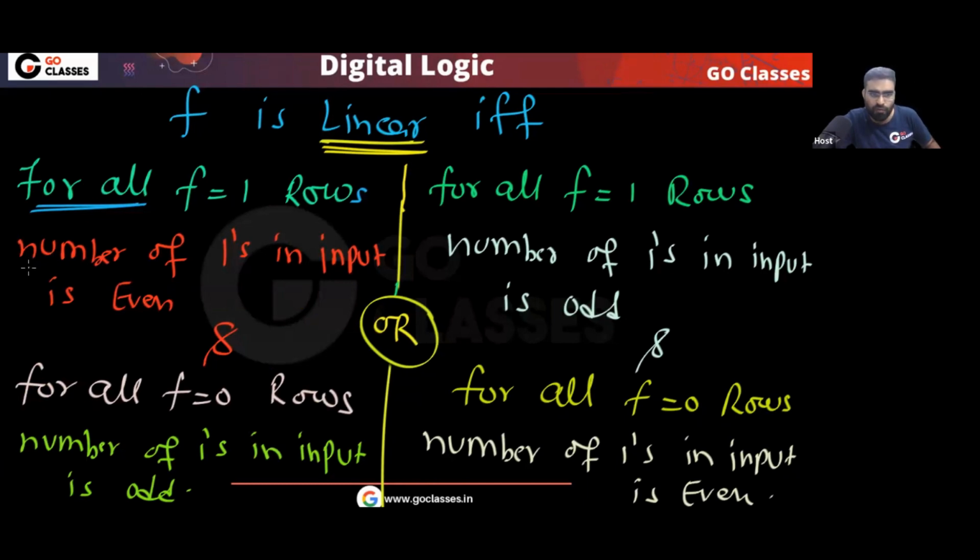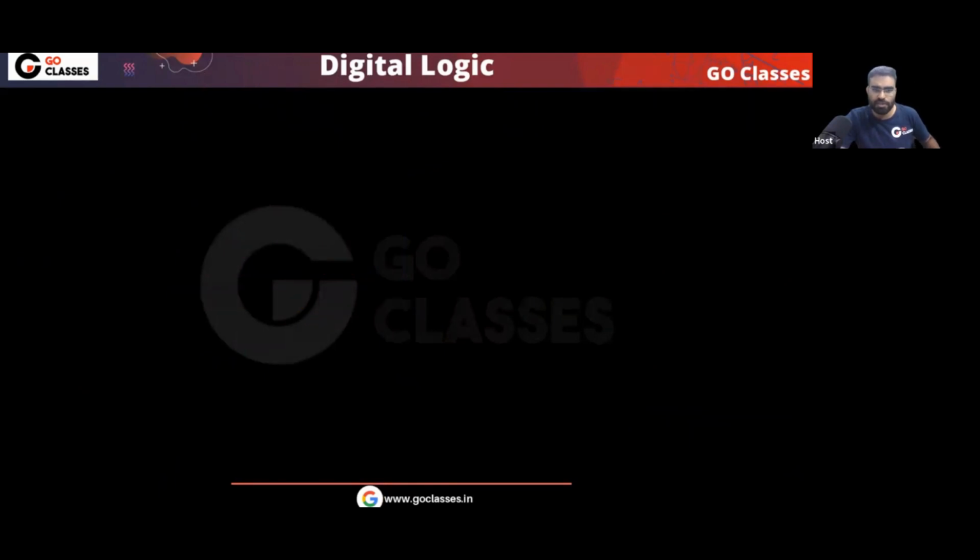Basically, you have to check the number of ones in the input. Similarly, for all f equal to 1 rows, the number of ones in the input should be odd, and for all the f equal to 0 rows, the number of ones in the input should be even. So this is the definition of a linear function.